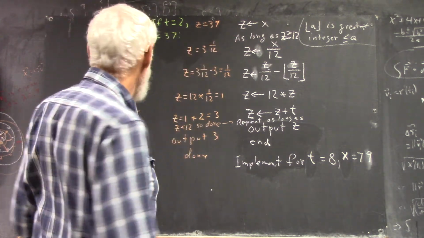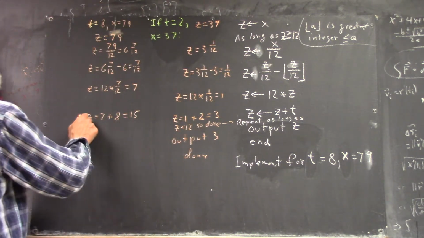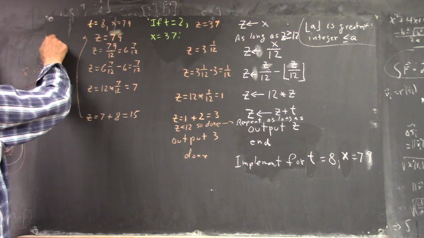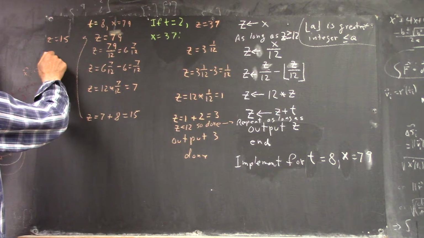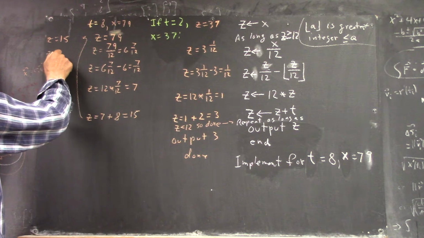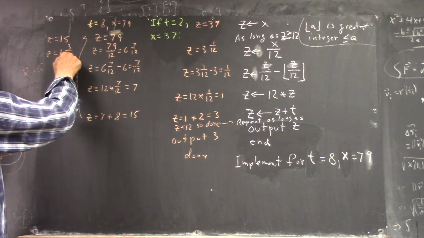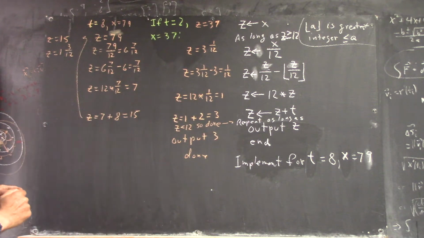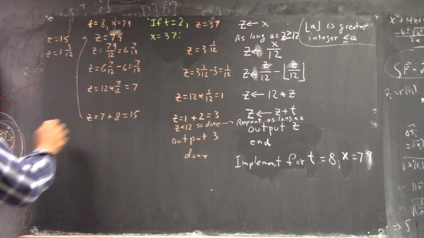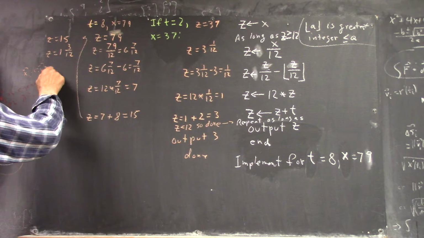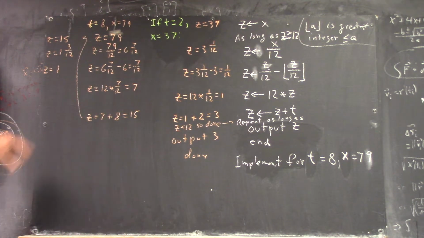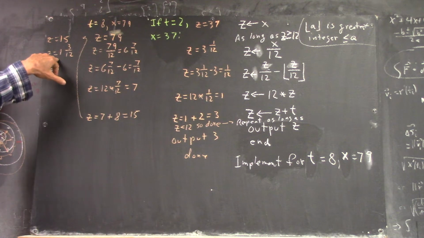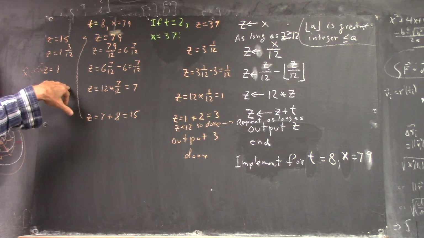Now z is greater than or equal to 12. So z is 15. And now z is 1 3/12. Okay? And then, I don't have room to write out the details, but if you subtract the floor, which is 1, from 1 3/12, you end up with 3/12, right?